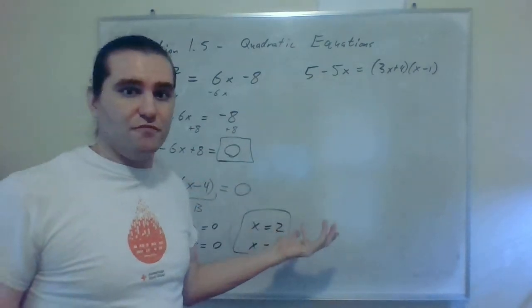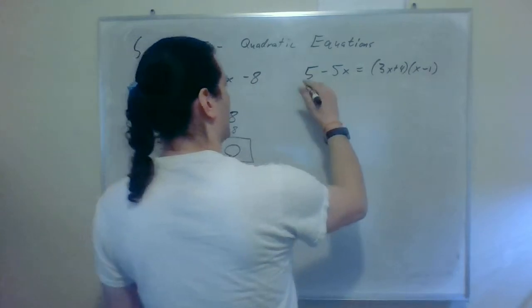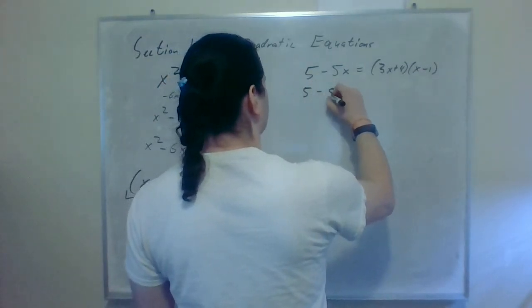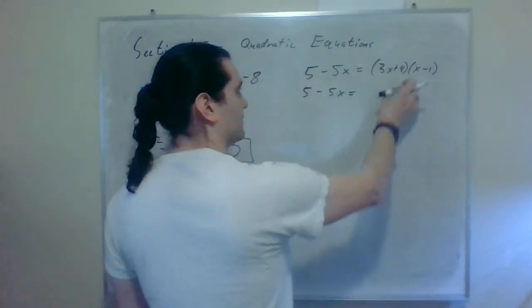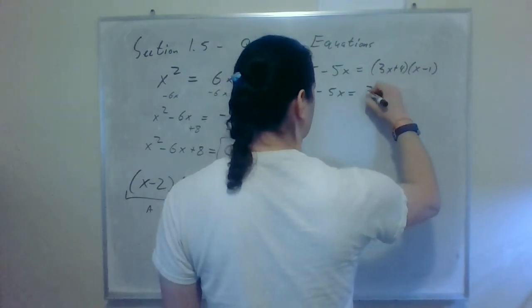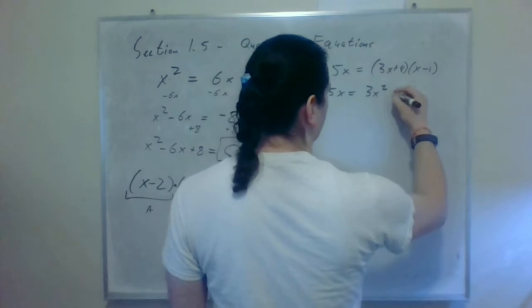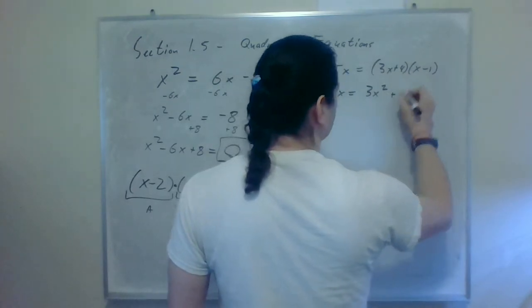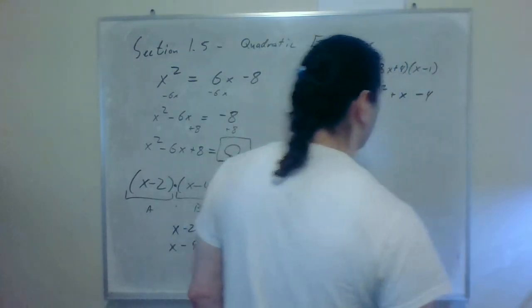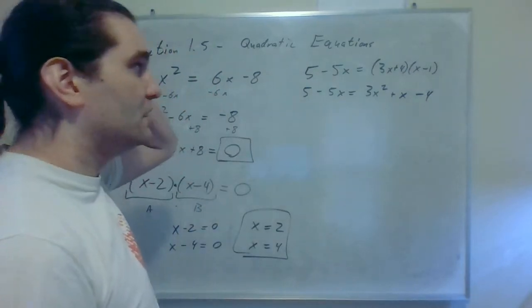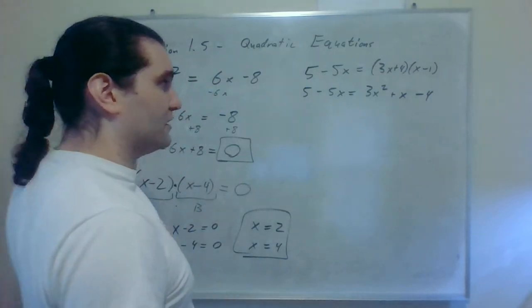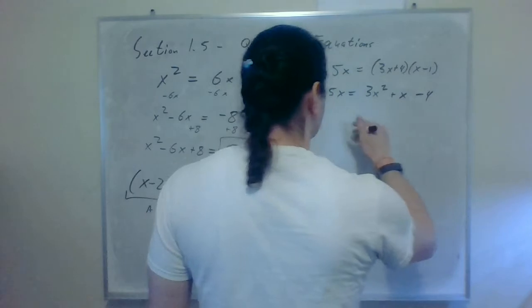So some of these involve more effort than others. This part can stay for now, 5 minus 5x, that's fine. We have to FOIL this out, so that's going to give us 3x squared. 4x minus 3x will be plus x, and then minus 4 on the back end. So we have 3x squared plus x minus 4.